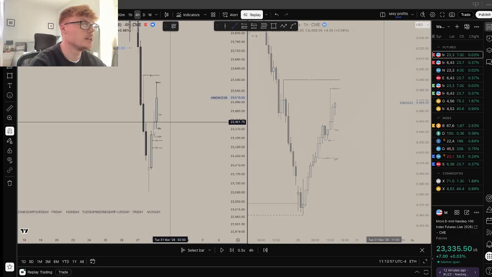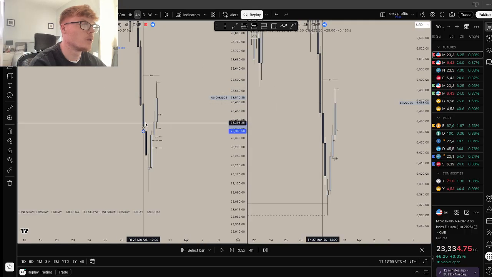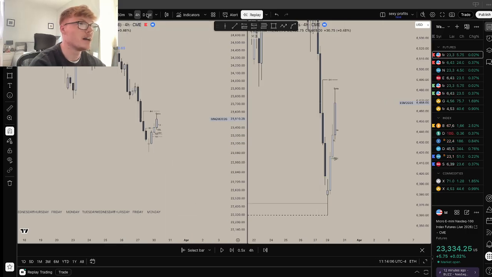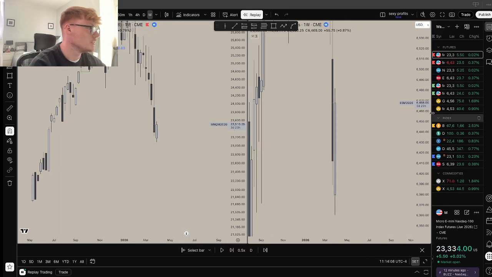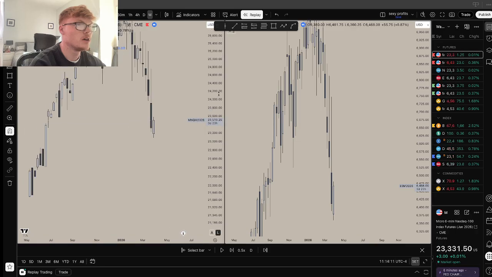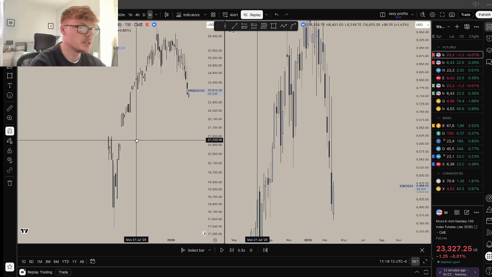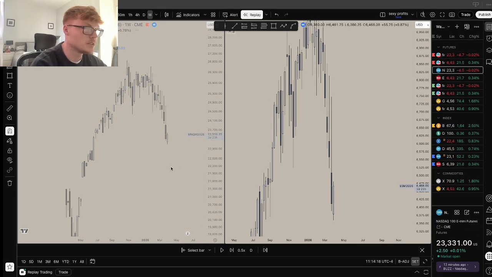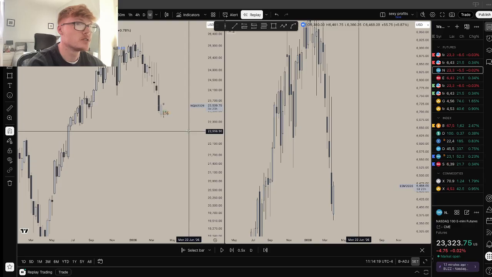We were already into the 4-hour gap, but I did expect that to get inversed just because of how heavily we've displaced. As well as that, we do have an SMT with the weekly lows. Oh, I can see they've updated the chart since we've come so far back. I'll show you the SMT on this instead.